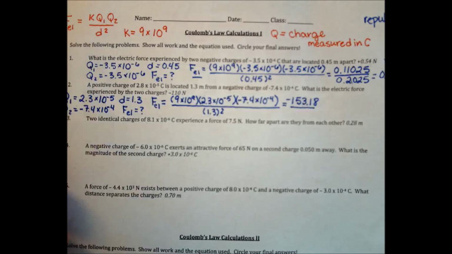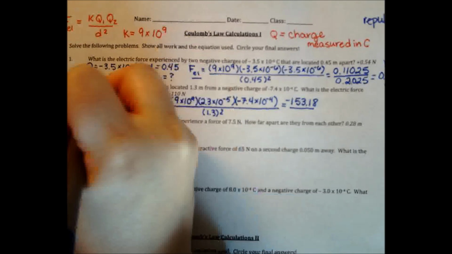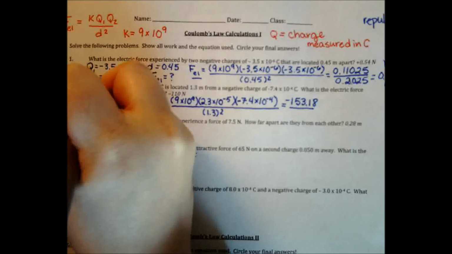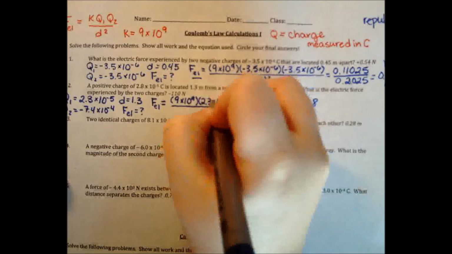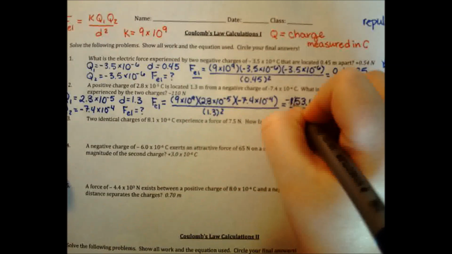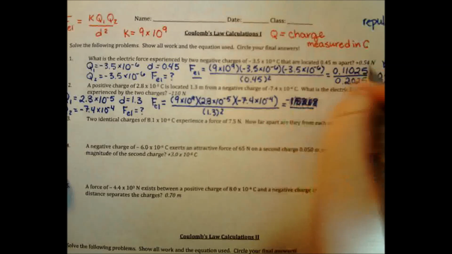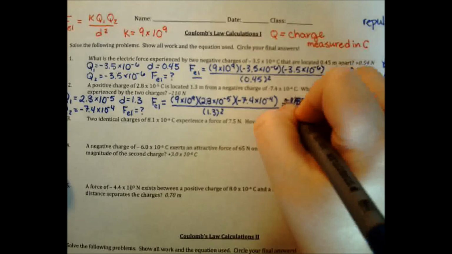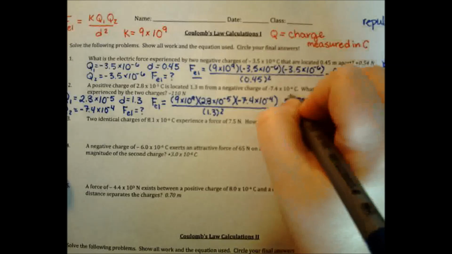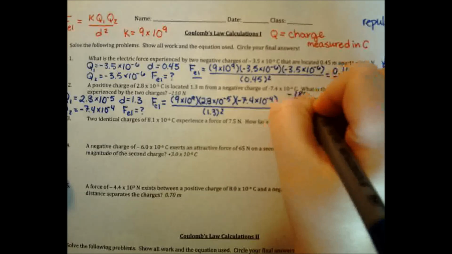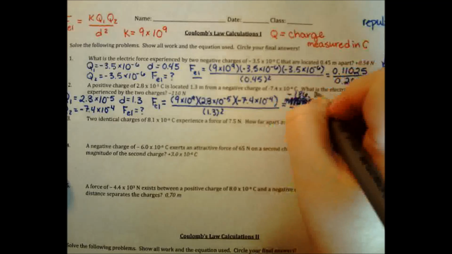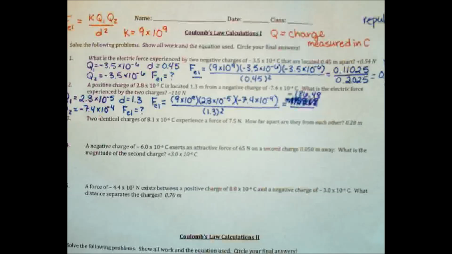Turns out problems work better if you write down the numbers right, so it was actually 2.8 times 10 to the negative fifth. So this whole number here is wrong. Instead, it should be negative 186.48.